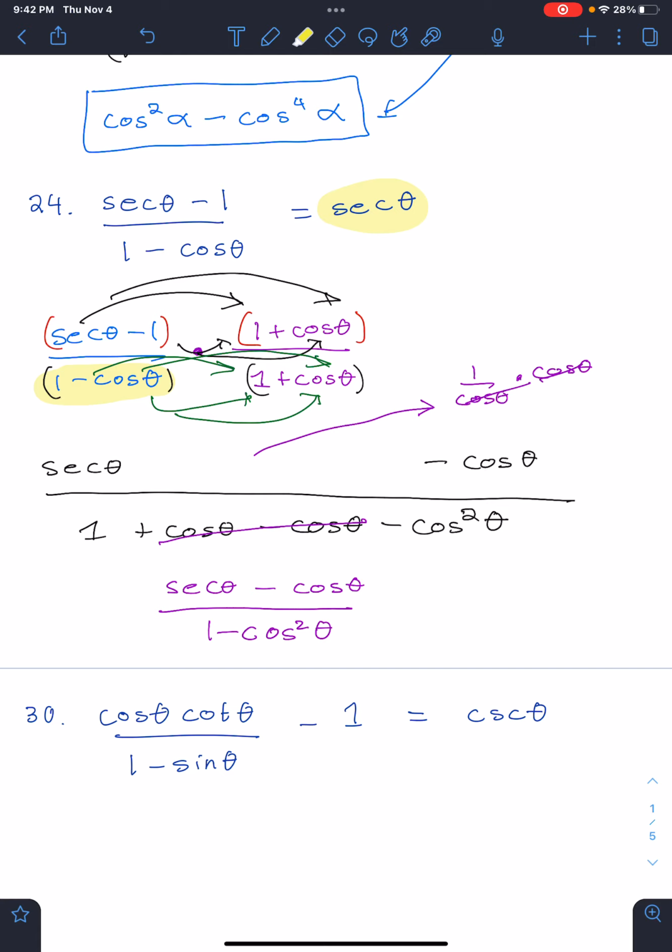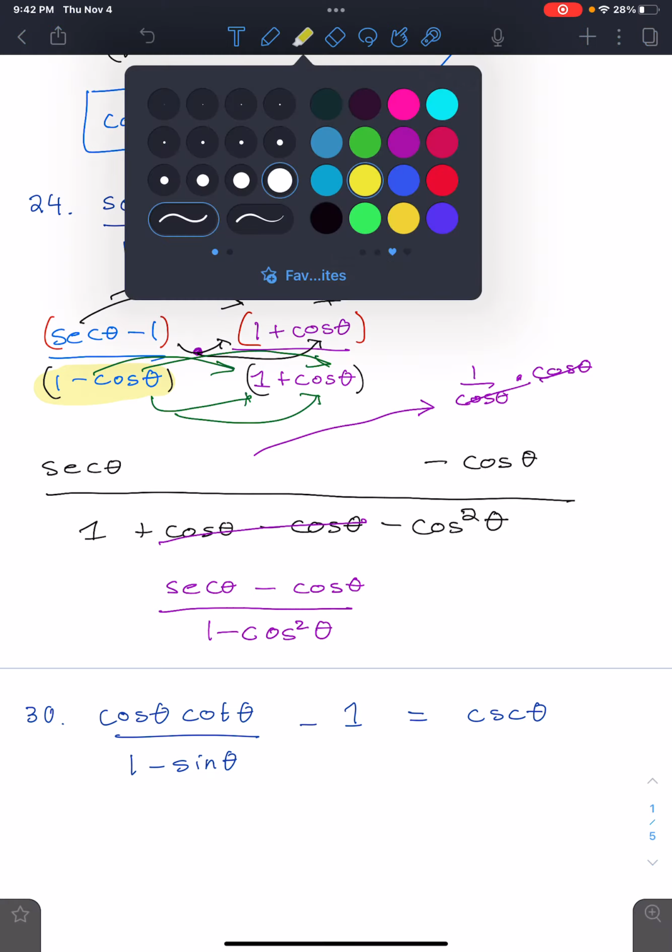Or we could change 1 minus cosine squared theta to sine squared theta. But I think I want to subtract what's on top, because if I make that sine squared theta on the bottom, then cosine divided by sine is going to give us cotangent, and I really don't want that right now.